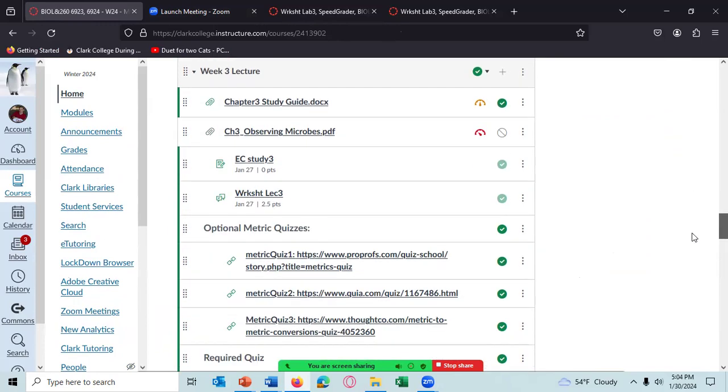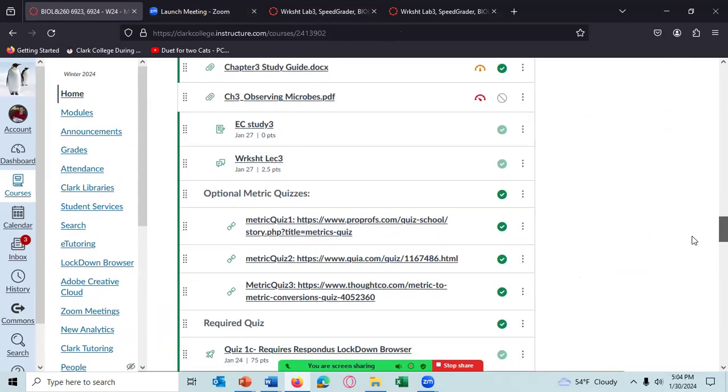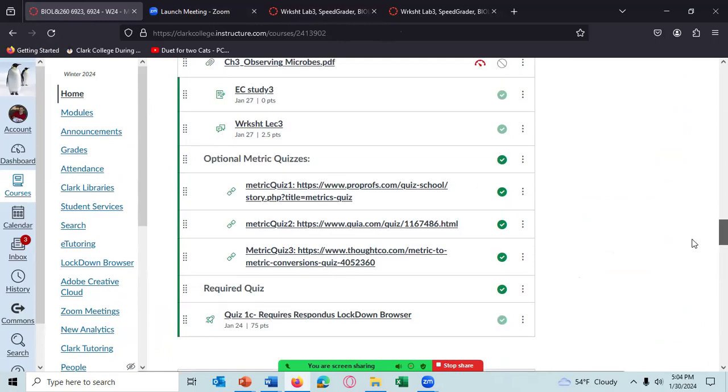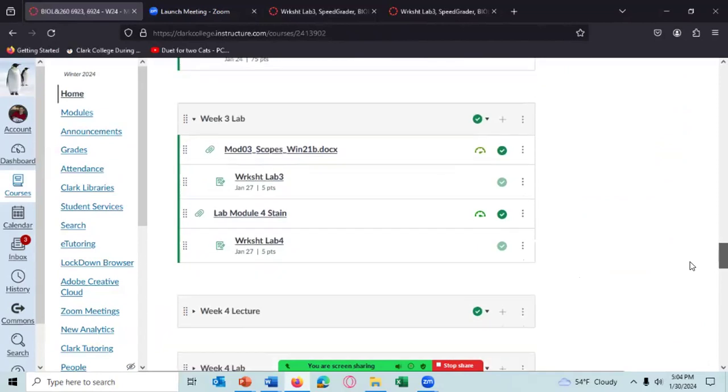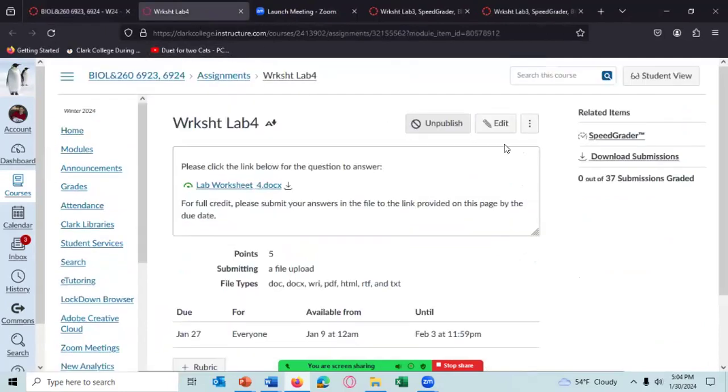It will not be due this Saturday for the second grading. It'll be due the next Saturday. Any question about that? I'm going to change the due date for the second grading now.